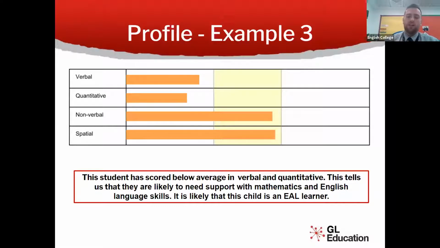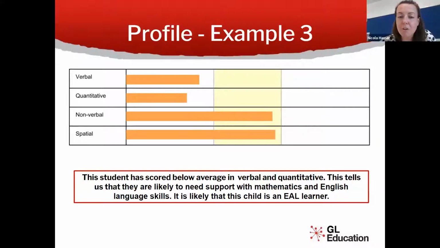It might be that when we're learning something new in English or science, a new concept, or further understanding, we would do it very visually and also with concrete materials, because we can see there that the spatial bar is just slightly above the rest. So we would use some visual strategies to help and support this student here.